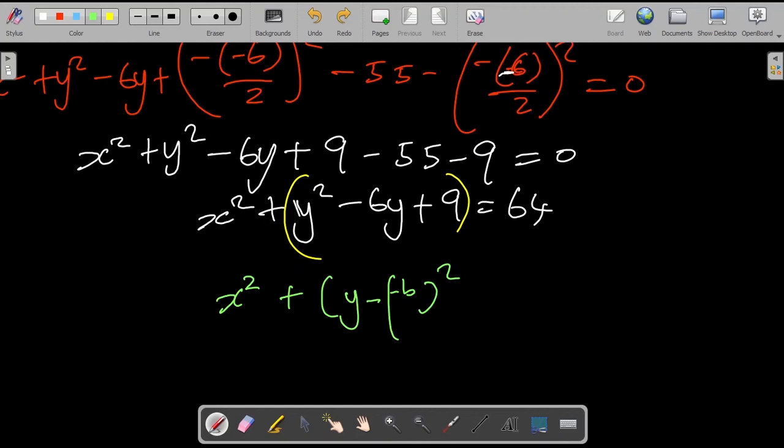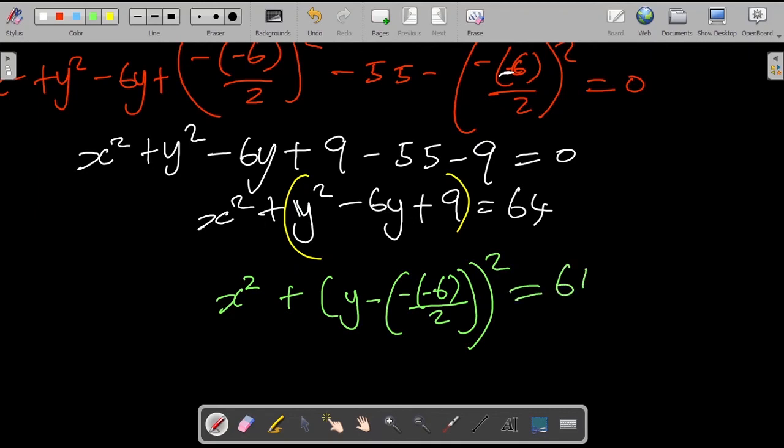Now, in our case, minus b divided by 2 was minus 6 divided by 2. Let me write this properly. So it's minus b divided by 2. Then we also put that in the square, right? And you can prove that this is actually equal.